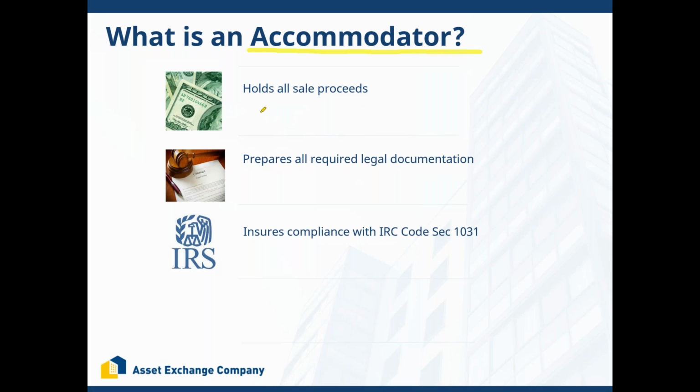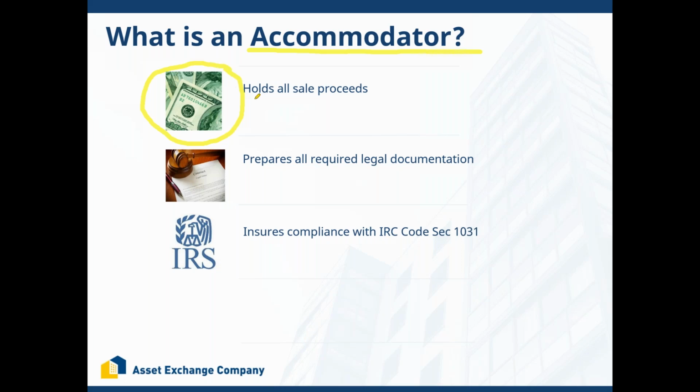Number one, if you're going to do an exchange, you need to set up an exchange account with the 1031 exchange company, and you need to do it prior to the close of escrow. Because when you do a 1031 exchange, you cannot touch your money. If you are in what's called constructive receipt of your sale proceeds, you are going to pay taxes.